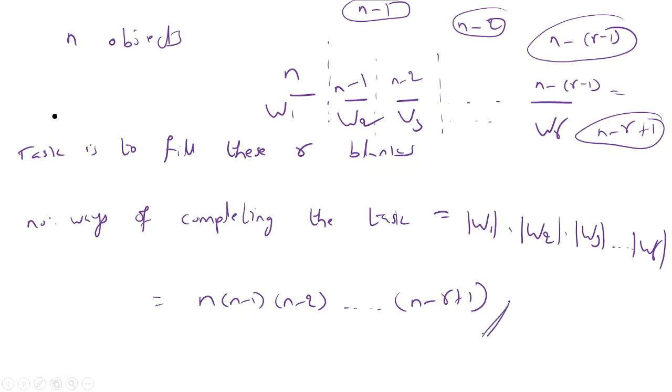So this is the proof. Basically we are using the fundamental principle of counting again and again, or we are using the fundamental principle of counting in the extended way.